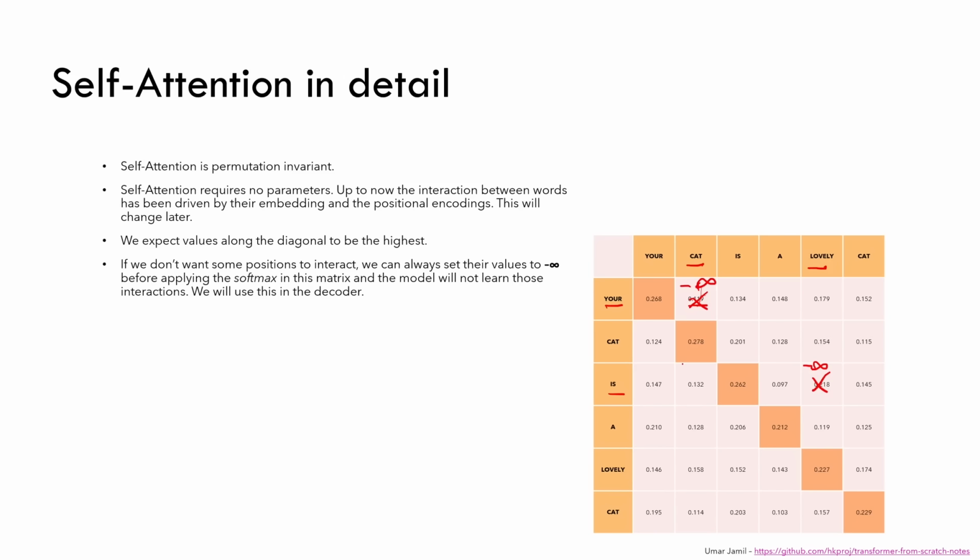And when we apply the softmax, it will replace minus infinity with 0. Because as you remember, the softmax is e to the power of x. If x goes to minus infinity, e to the power of minus infinity becomes very, very close to 0. So basically 0. This is a desirable property that we will use in the decoder of the transformer.